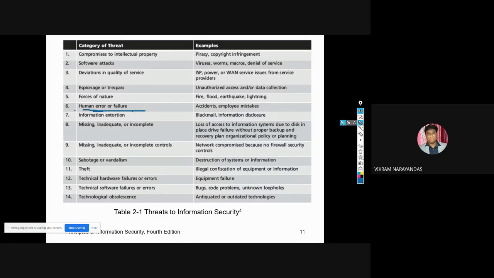It includes acts performed without intent or malicious purpose by an individual who is an employee of the organization. Why may these errors or failures happen?